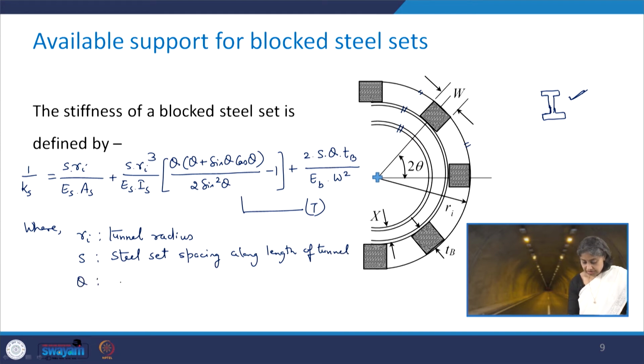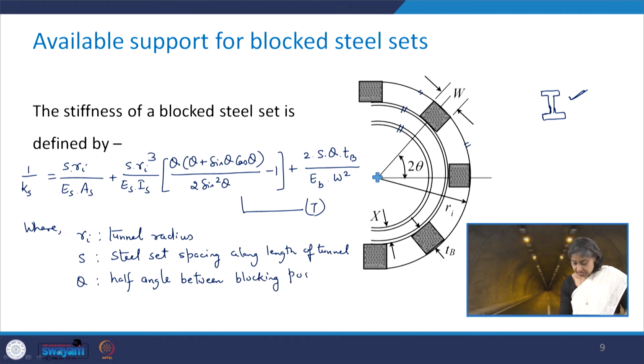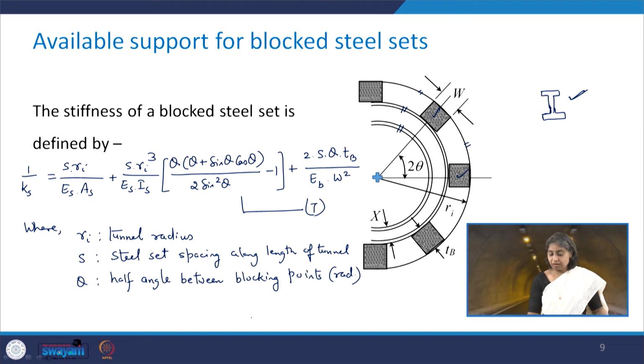Then theta is the half angle between the blocking points, and this is in radian. So keep this in mind. So you see that here this is one blocking point, this is another blocking point.